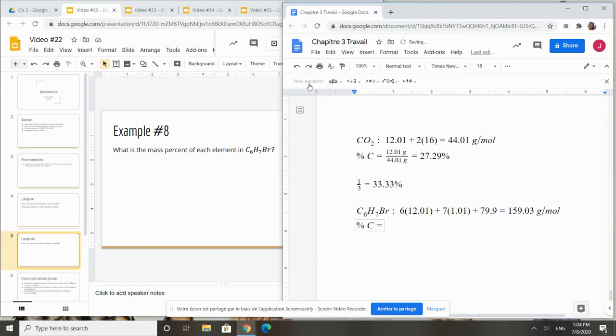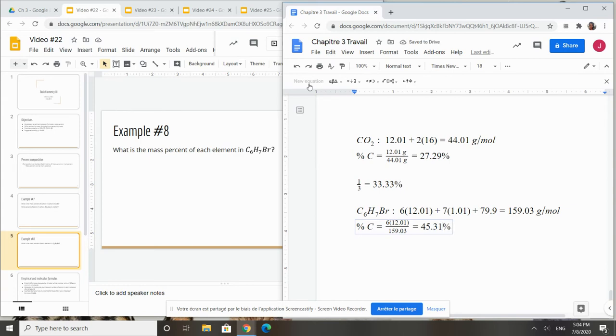For the percent carbon, I then take the mass just from carbon, so that is 6 times 12.01. And then I just divide it by the molar mass. It doesn't really matter exactly how many sig figs you do, but try to be consistent, not so much with your sig figs as where you round to.